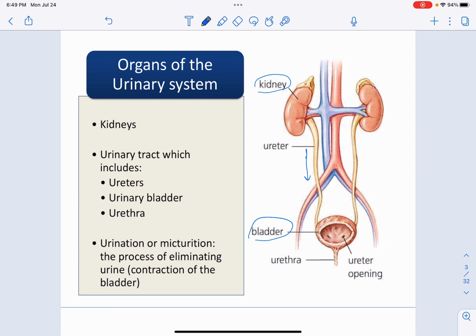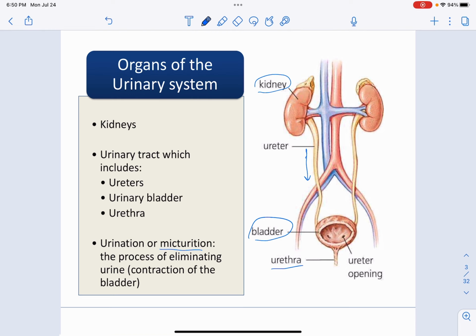And then the urine is going to leave our body through the urethra, okay? Another word for urination is called micturition. And it is the process of eliminating urine. By contracting the bladder, we will be able to eliminate this waste.